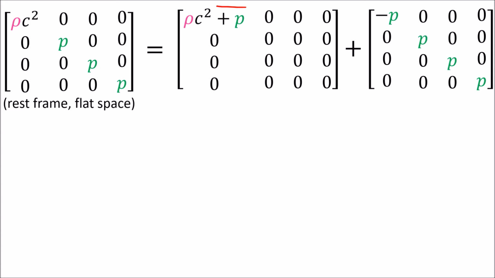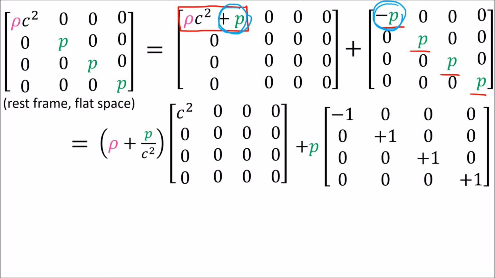The first has energy density plus pressure in the top left entry, and the second has pressure along the main diagonal. But the first entry has negative pressure to cancel out the positive pressure that we added in the first matrix. Then we factor out ρ plus P over c squared from the first matrix, and leave c squared in the first entry. Then we factor P from the second matrix.